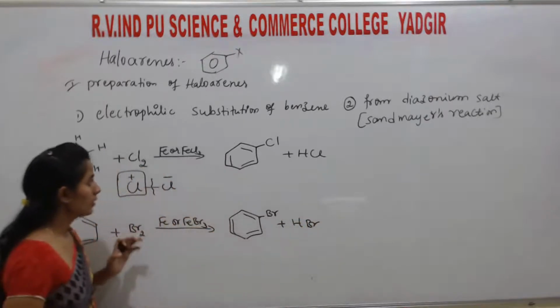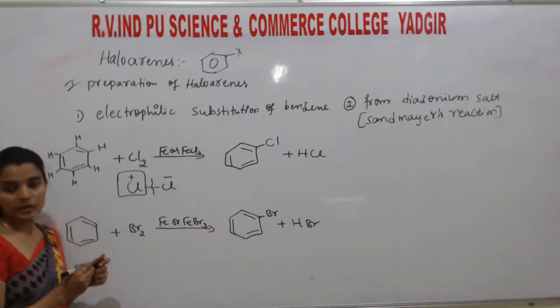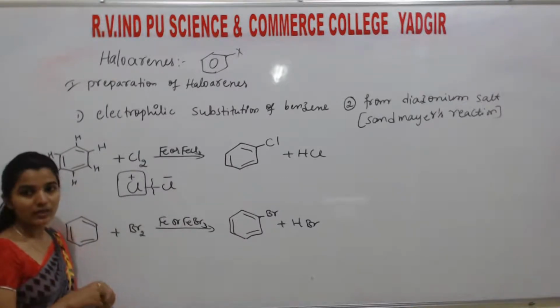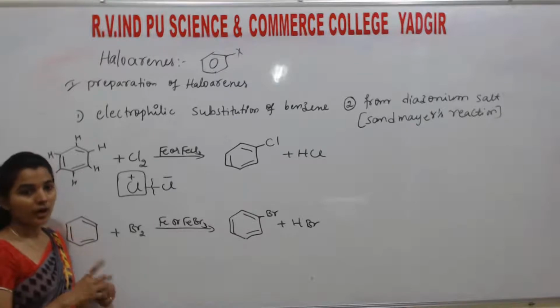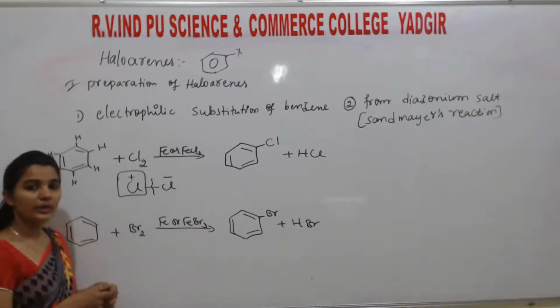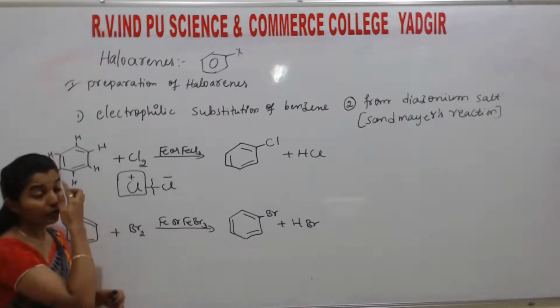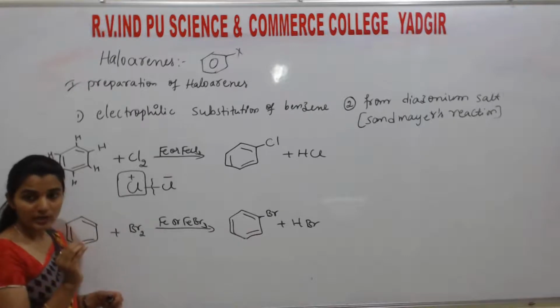So students, from here only chloro and bromo compounds are formed, not fluorobenzene and iodobenzene. Iodobenzene will not form and fluorobenzene will not form. Only chloro and bromo are the stable compounds. Why? Because fluorine is smaller in size and a highly electronegative atom.